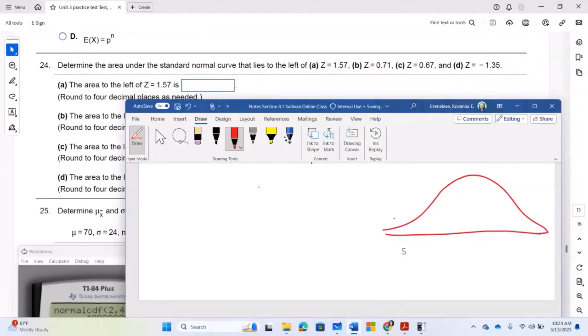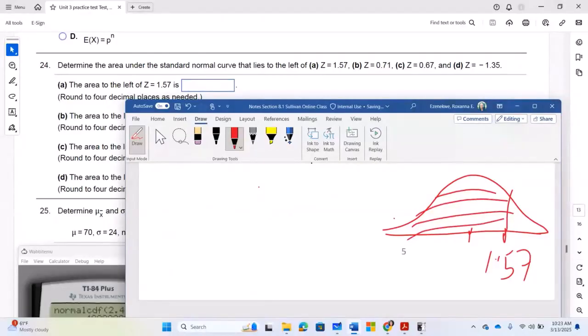Okay, so the Z given to me is positive, therefore it's on the right-hand side of the mean. So for A, I have Z equal to 1.57. And I am told to find the area to the left. What is the area to the left?